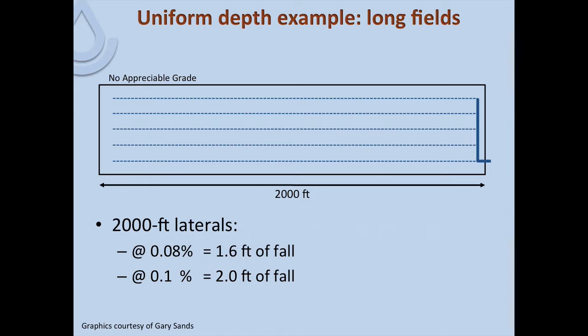Contractor grade plows may be able to get by with going a little shallower, but even then we'll still see a significant difference in pipe elevation just because of that grade that we've got to maintain on the pipe and not having grade in the field. And so 2-foot difference or 1.6 foot of difference depending on the grade that we use there.